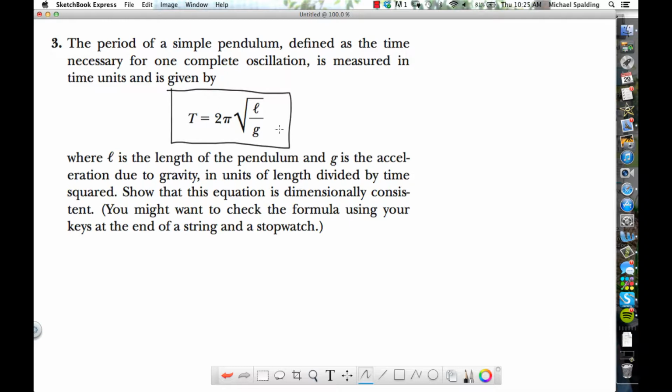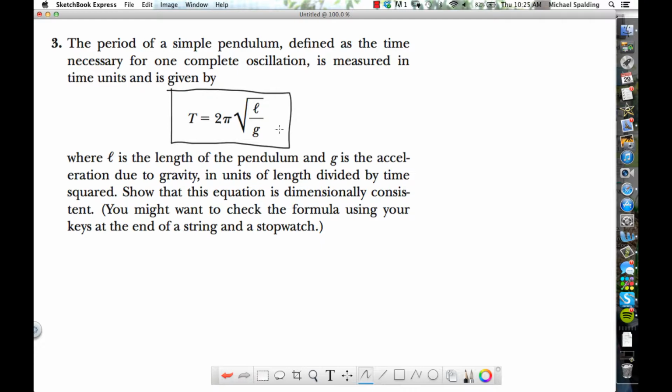But in physics, there are 4 periods that you're going to have to be familiar with. Pendulums have a period. What do we mean by the period of a pendulum? The time for one complete swing, one complete there and back, one complete cycle. What else has a period in physics?